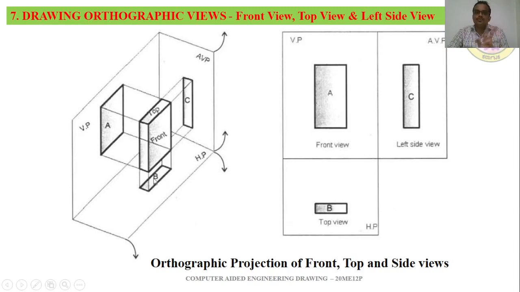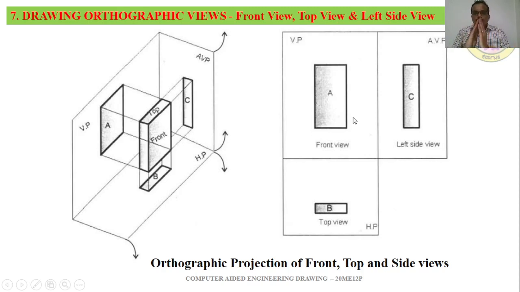And again, we have two side views, the right side view or left side view. Here, with respect to the observer, we are watching the left side view which is projected on the right side vertical plane. We can see the rectangle marked C will give us the left side view.